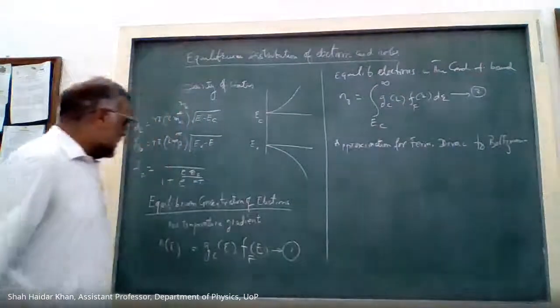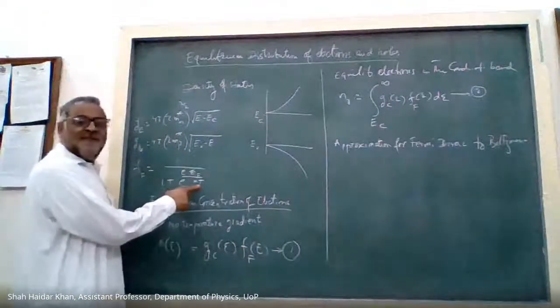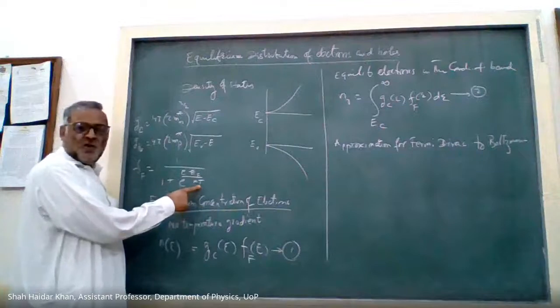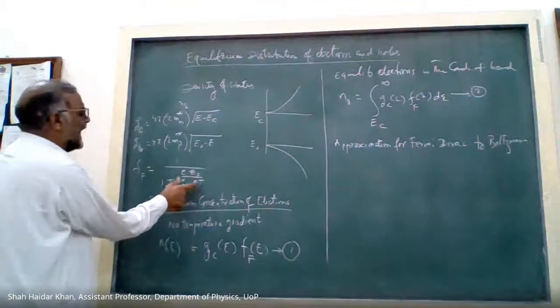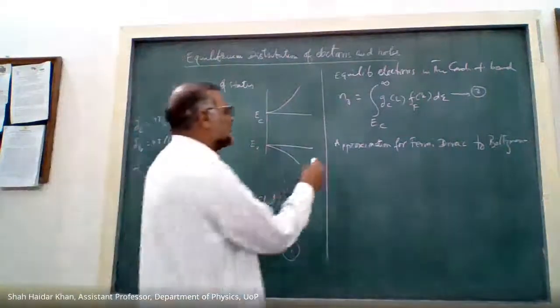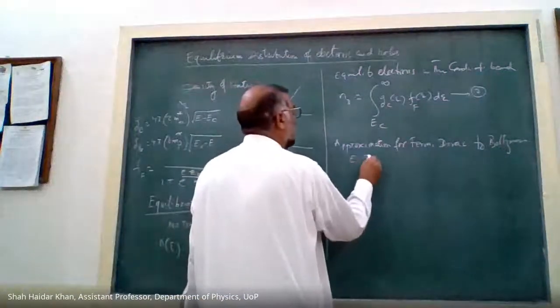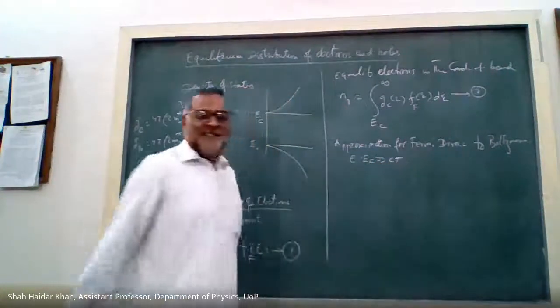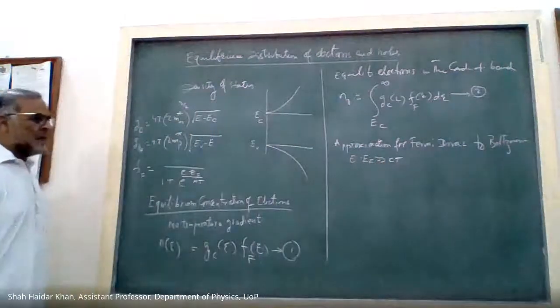At a temperature greater than 0, and at higher energy, so that E minus EF is very, very much greater than KT, in that limit.